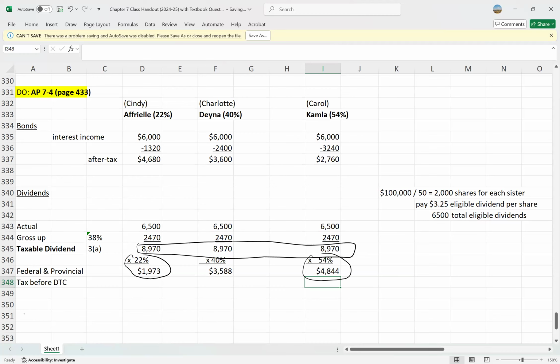And so we estimate what that is using the gross up, and then it gets applied to your individual tax rate. So if you are at a higher tax rate, you will pay more tax. If you are at a lower tax rate, you will pay less tax. But the taxable dividend amount will be the same for each sister. Any questions so far?